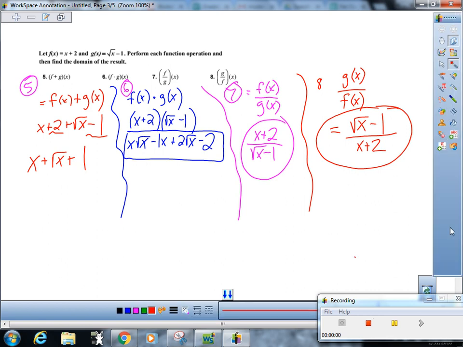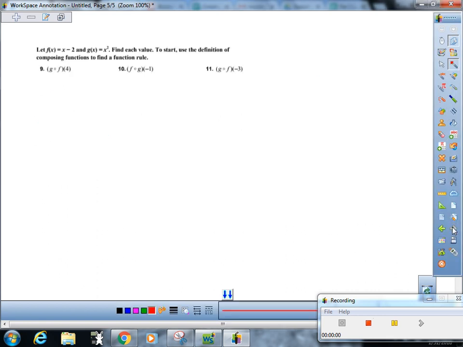All right. Now, these are a little more complicated. So this, you work inside out. So it's f of 4 on the inside, and you want g of that. Just don't worry about it. Work inside out. So what is f of 4?